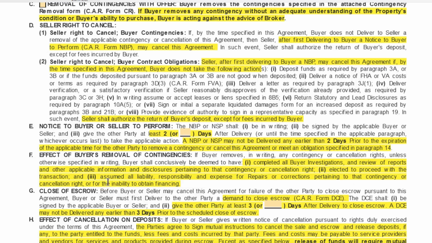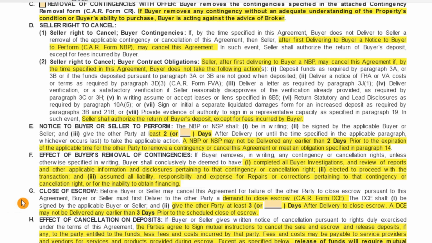And finally, they're saying that they've assumed all liability and responsibility and expense for repairs or corrections pertaining to that contingency or cancellation right, or for the inability to obtain financing. When you remove the contingencies, you've basically removed your protection.